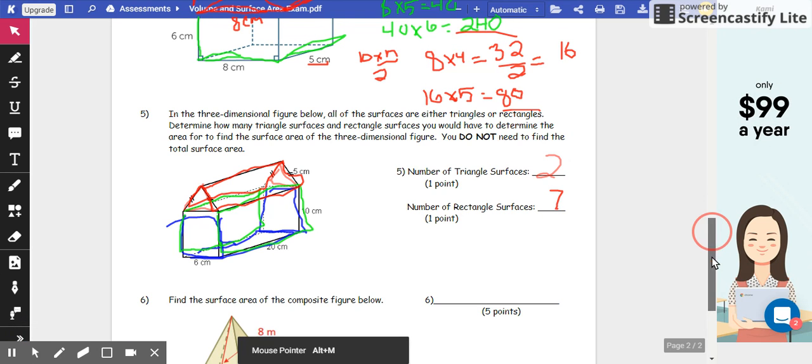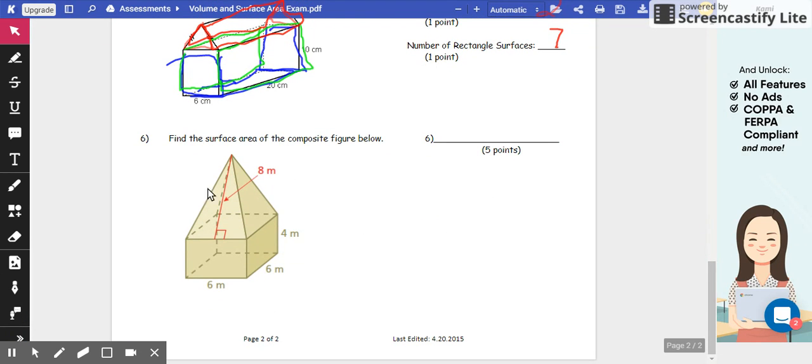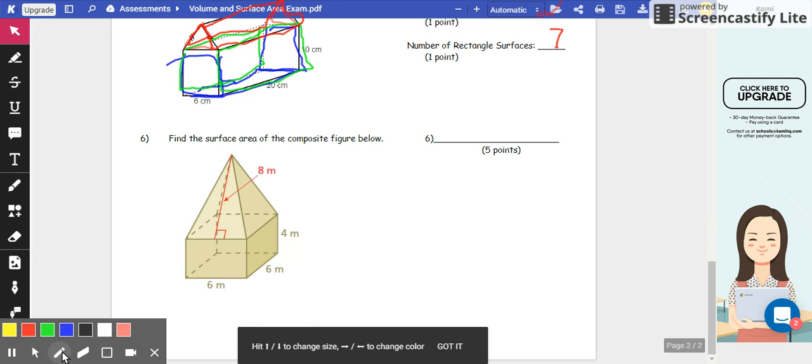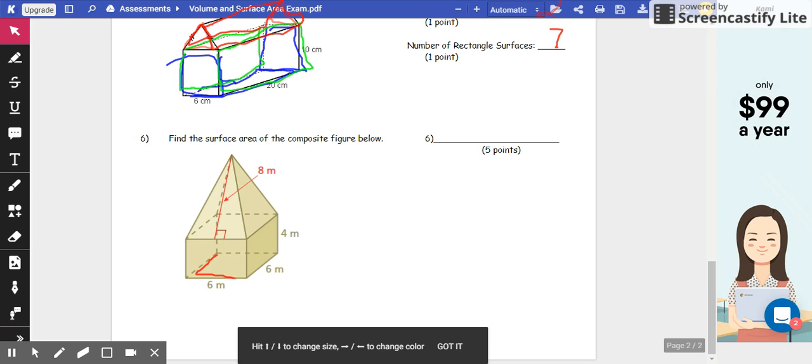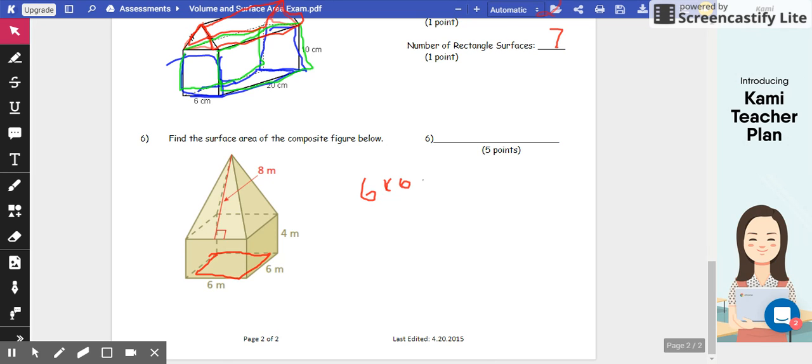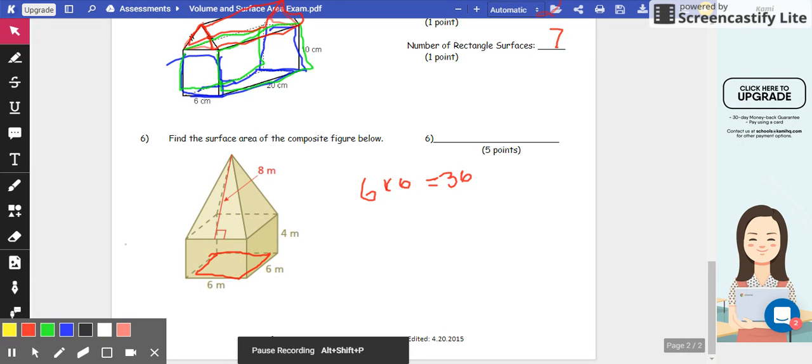Okay, next. So problem number 6, this is surface area. So let's start at the bottom. So my bottom rectangle right here is 6 by 6. So 6 times 6 is 36. That's the area of the bottom. So now I have 4 sides going around this entire figure.